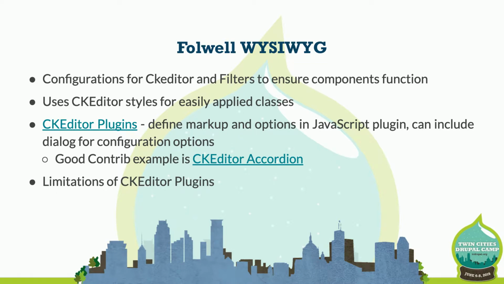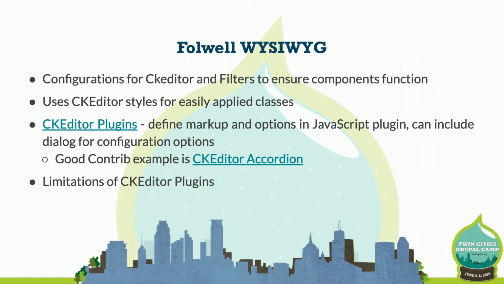So what the Folwell WYSIWYG comes along with, if you do this route, the thing you learn very quickly is you have to namespace any of your configuration very carefully, because you don't want to run into an issue where you've created a CK editor text format, and I call my text format, my text format, and then somebody else has created their site with my text format on it too, and then you can't install the module.